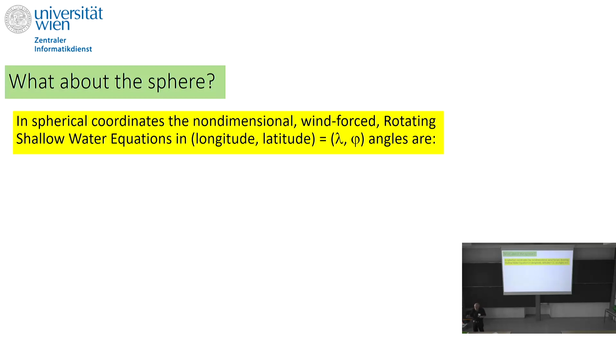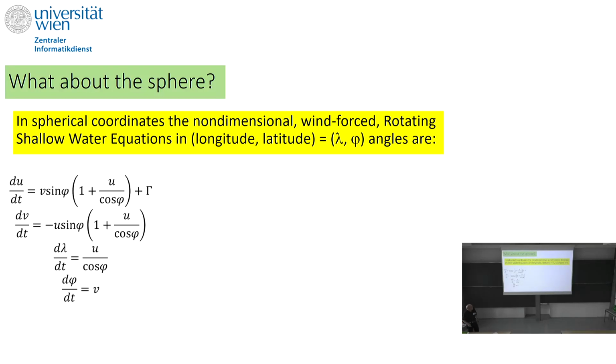For mathematicians, it's not theta; your theta is co-latitude, which goes from 0 to pi. But aside from that, it's basically the same spherical geometry. And these are the equations, again the same type of dynamics that we saw on the beta plane. Just, as I said, the equations are more formidable.